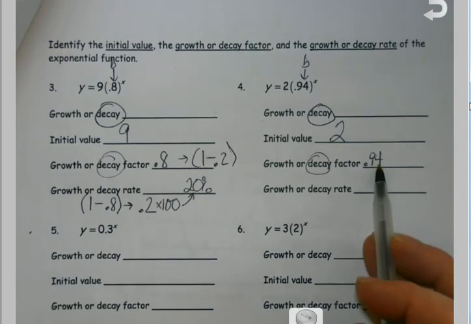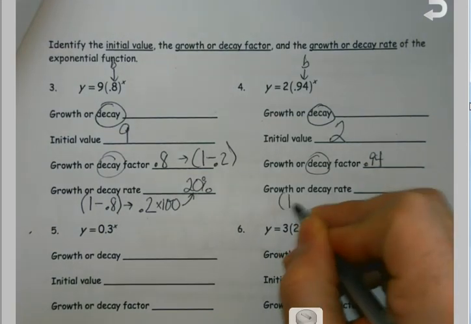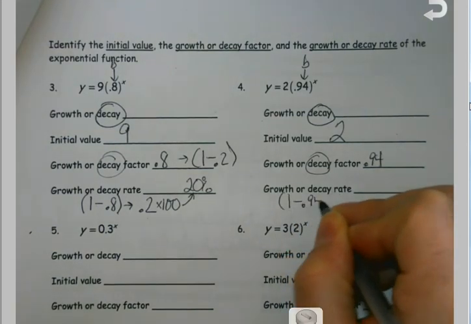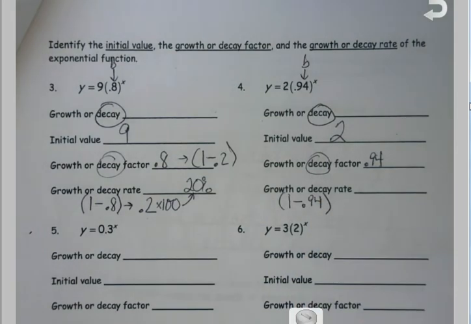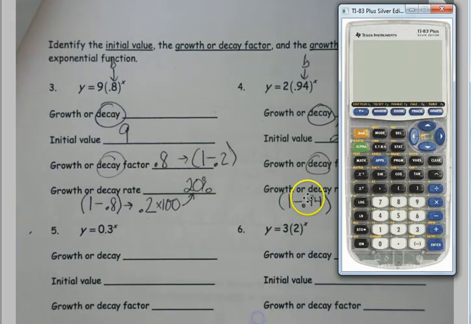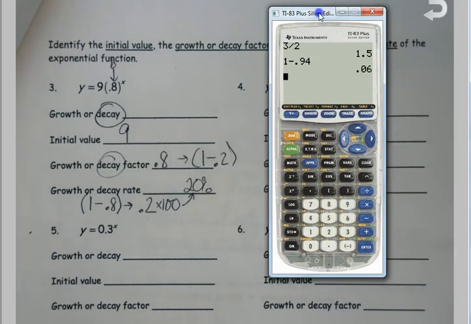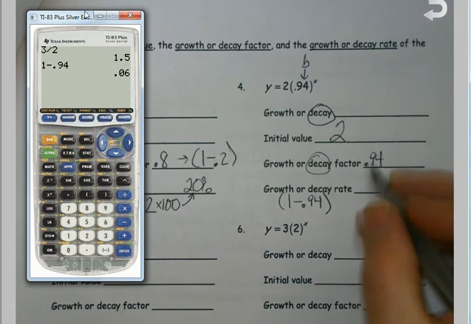So even on this one, it would be 1 minus 0.94. And again, I can do all of this work on the calculator. 1 minus 0.94 is 0.06.